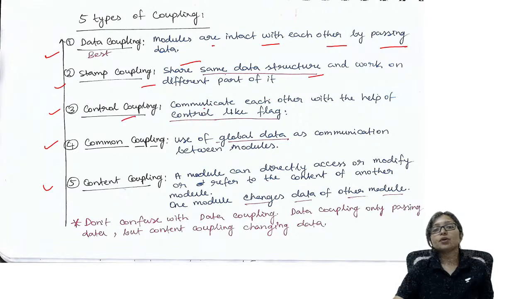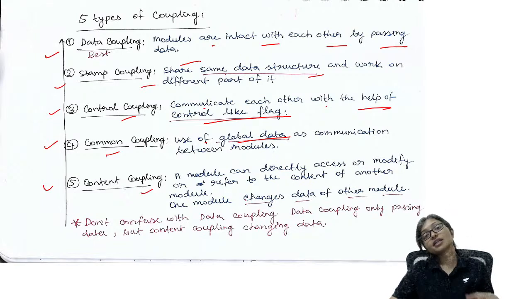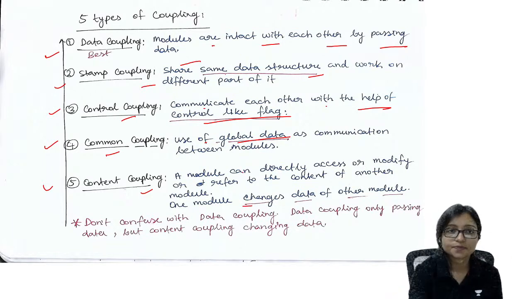Control coupling: communicating with each other with the help of control like a flag. Common coupling: use the global data. Content coupling: when another one is changing my data itself.